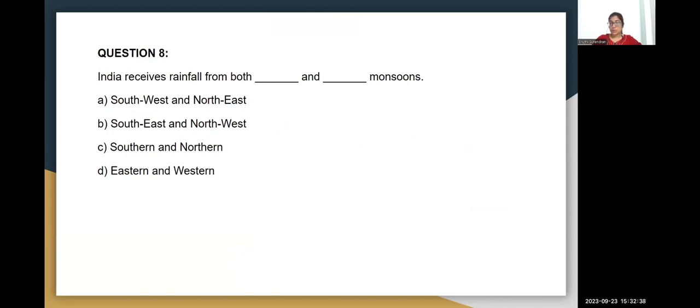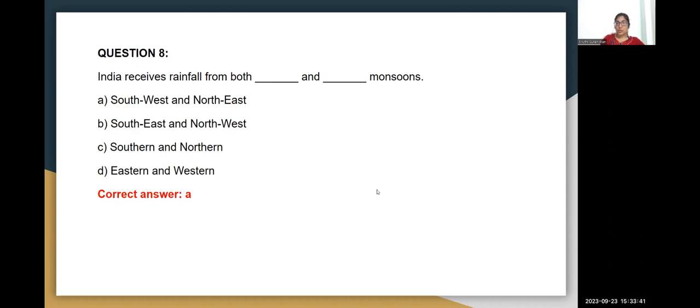India is receiving rainfall from both the months, which both monsoon seasons? Okay. So the correct answer is option A.